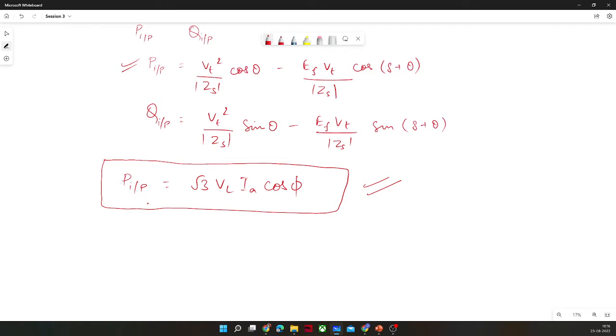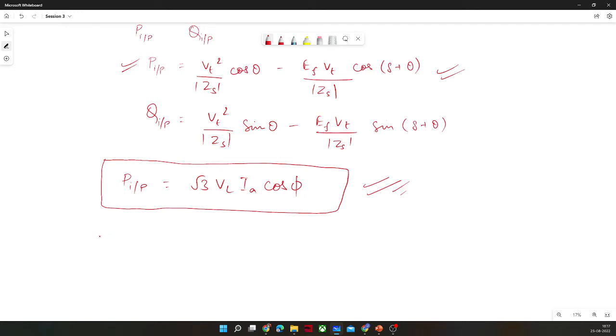Wherever current is given, or wherever you need to find the current, you can use this formula. Or wherever you are given the load angle or torque angle, then you need to choose this formula. So you need to use discretion between both formulas.